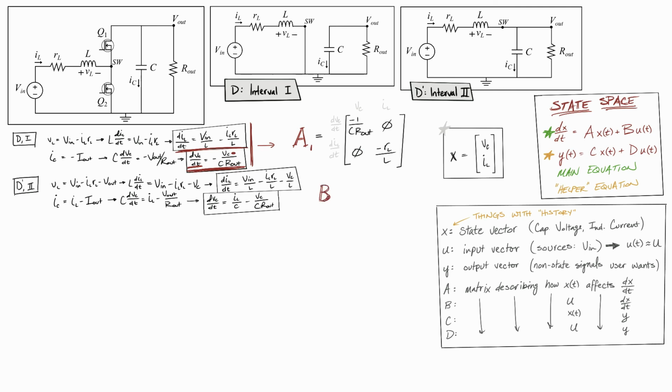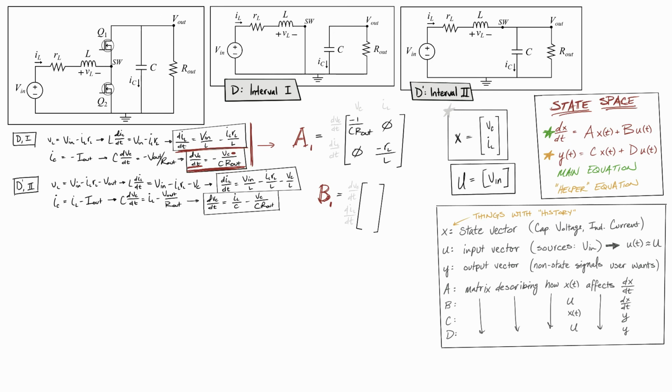Now if I want to define B1, so that's the B matrix for interval 1, I have to make sure I've first defined the input vector. Here, as we already talked about, the input vector is going to be Vn, and that means similar to A1, I'm going to write Vn at the top, and then I've got dVC over dt and dIL over dt on the sides.